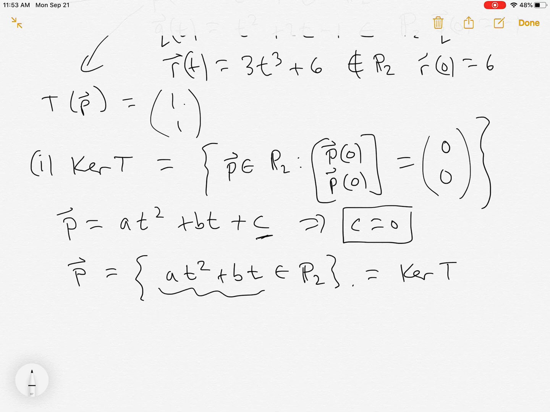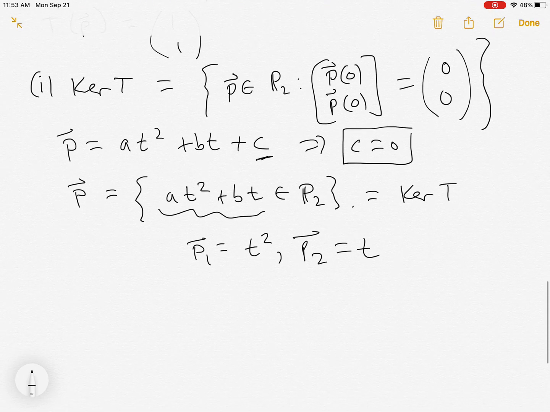And this actually took me a minute. I thought about it and I was like, wait, what am I missing? Well, remember what the span is. The span is the linear combination of vectors, all linear combinations of vectors. So P1 is that, and P2 is this, right? Because if you take any linear combination, so A P1 plus B P2, what do you get?